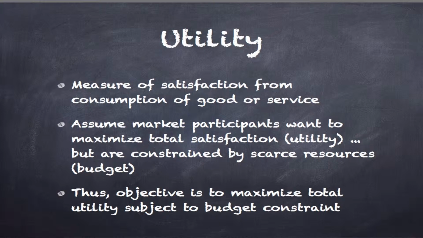And in this case, we're thinking they're going to want to maximize the satisfaction they get from consumption of goods or services. But we also have to remember they're constrained by one of our other assumptions, and that is scarcity of resources. And this will play out in our situation here in terms of a budget constraint. Only so much money can be allocated to the consumption of these goods or services in pursuit of utility.